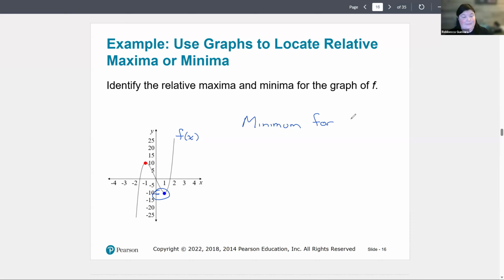So we have a minimum of -10 at x = 1. This is my y, this is my x. So the value of the maximum right here is going to be +10. So we have a maximum of +10, and this occurs at x = -1. So my y value is +10 at an x value of -1.